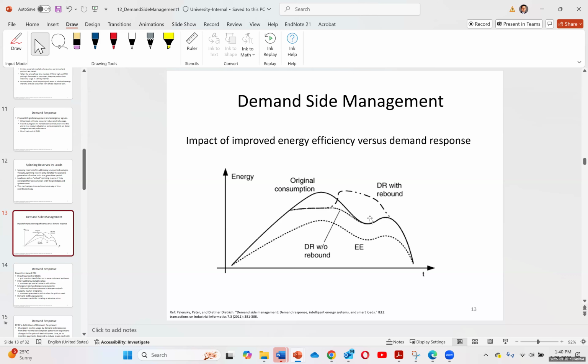And this is the original consumption. This is for a certain area. Again, it's different for different areas. And we have the demand response with rebound, which is this line over here. And we have the demand response without rebound. And the final goal is actually to flatten this as much as possible.